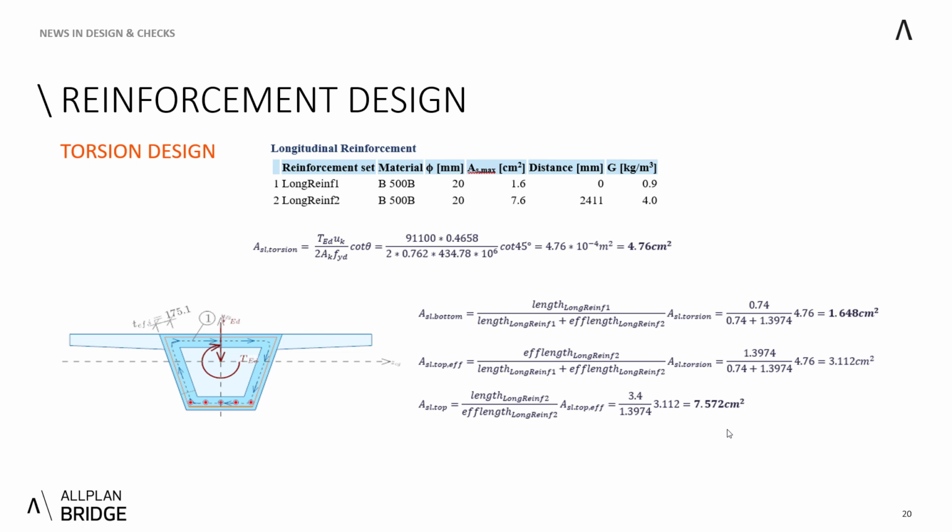So at first we need to see that the standard gives us this condition for the longitudinal reinforcement, where we can let the area of the longitudinal reinforcement only on the left side, and all the rest of the variables we can put on the right side, and calculate from this torsional moment of 91.1 kilonewton meters that we actually require 4.76 centimeters squared that needs to be applied within this dark blue highlighted effective area in torsion.